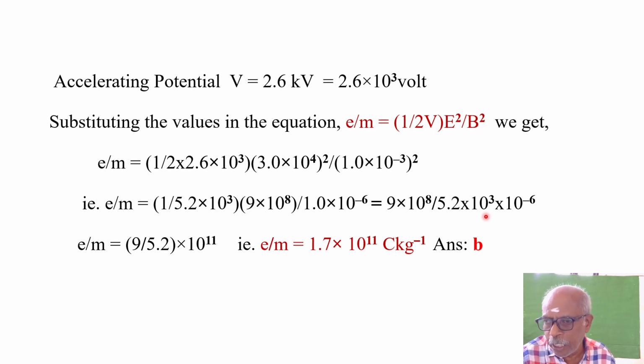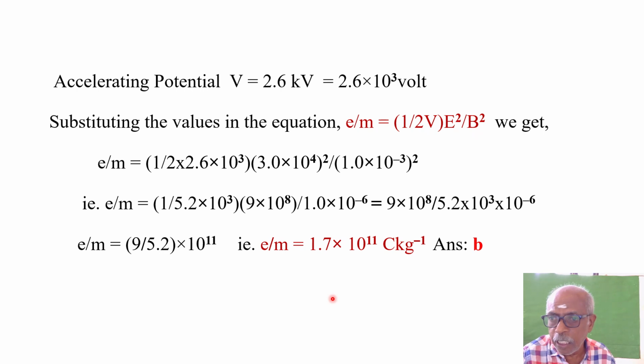When this 10^-3 goes to the numerator, it becomes 10^+3. Already you have 10^+8, now you get 10^+3. Totally it is 10^11. What about the numerical values? 9 divided by 5.2. What is 9 divided by 5.2?